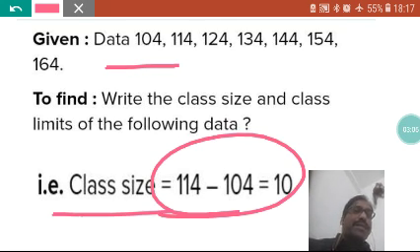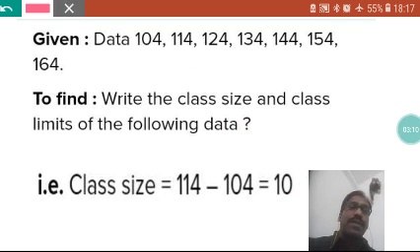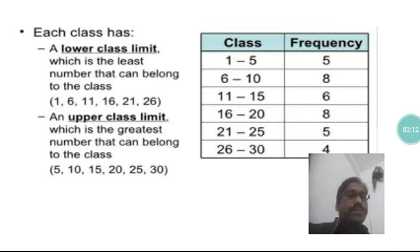So this is the class size of the given data. Clear? Now this is very important: you have to always remember lower class limits and upper class limits. You have to remember this till class 10 also. Don't think that in class 9 this will be over and I will be relaxed. No, it will continue till class 10 also.